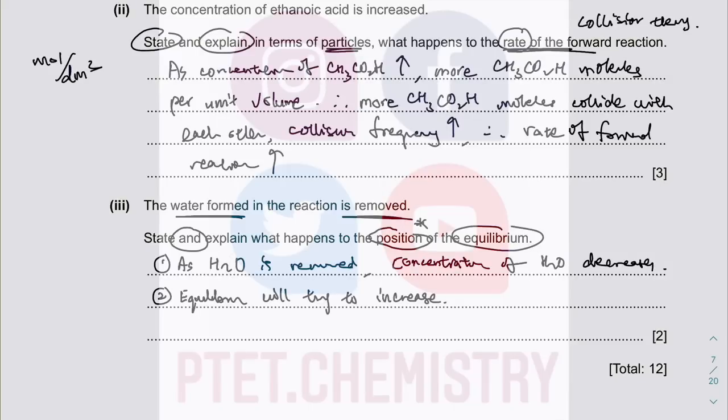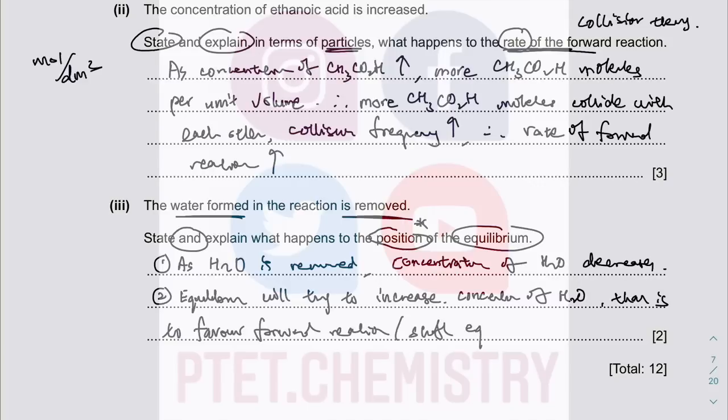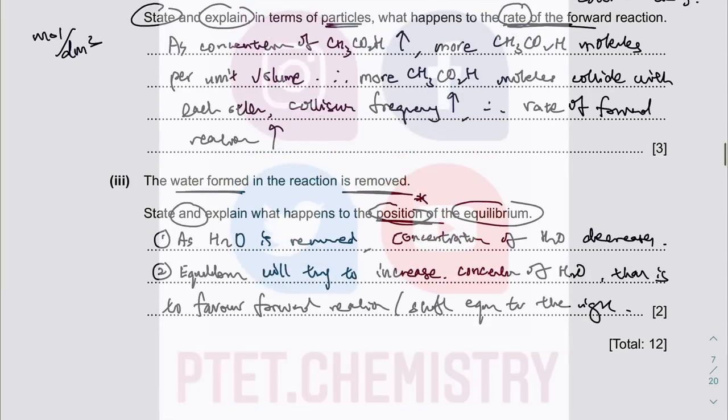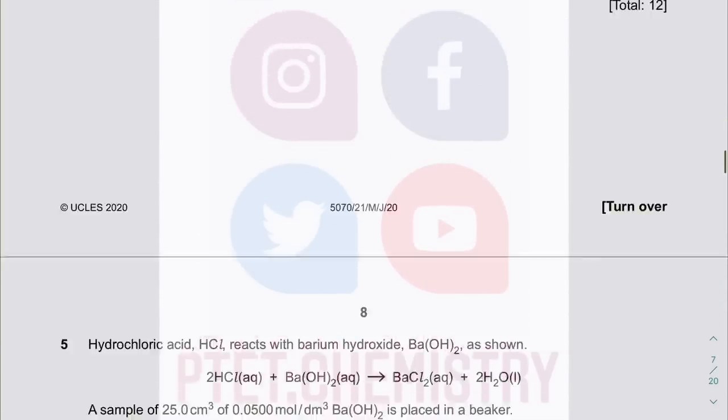So it will try to increase the concentration of water, that is to favor forward reaction, or we can say to shift the equilibrium to the right. And guess what? That is the position of the equilibrium. Done. And I've also explained it as well.